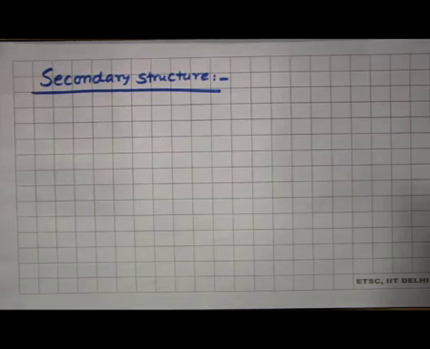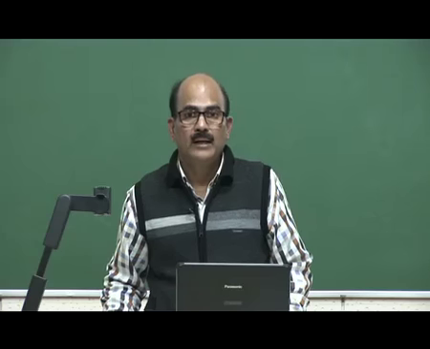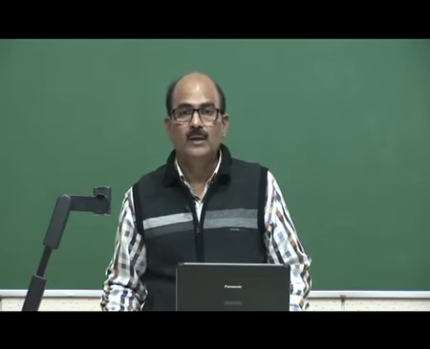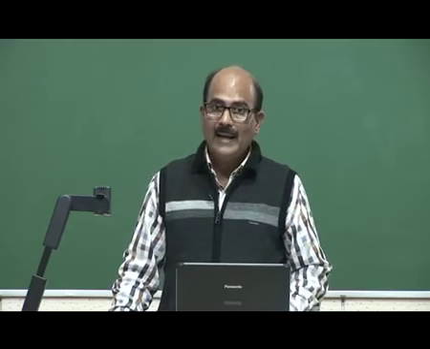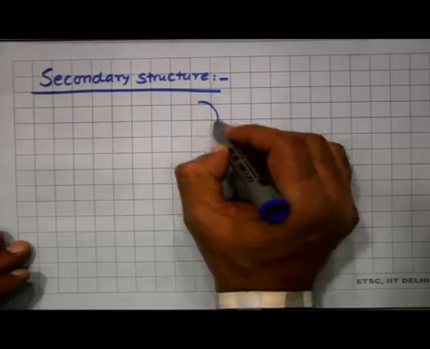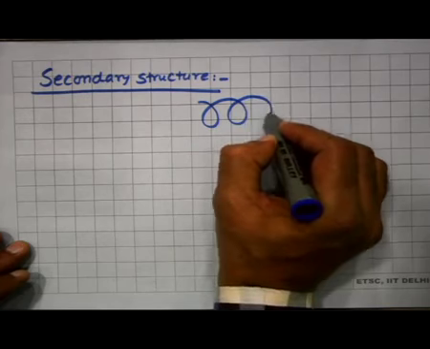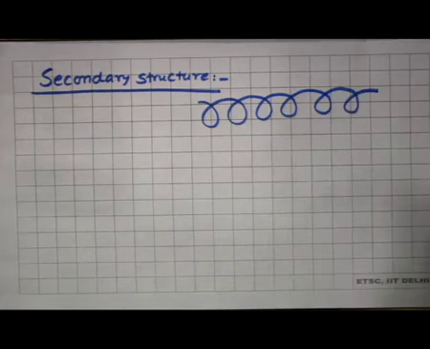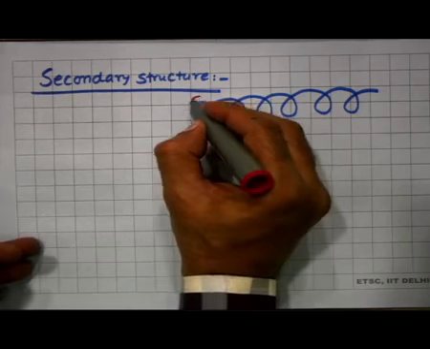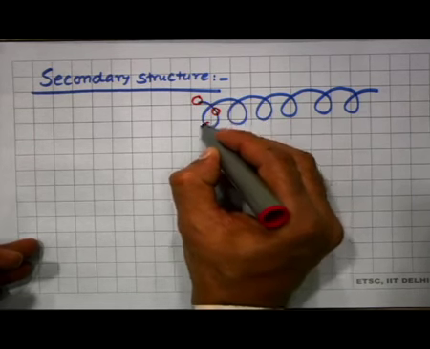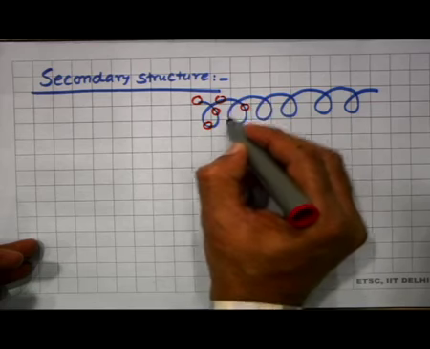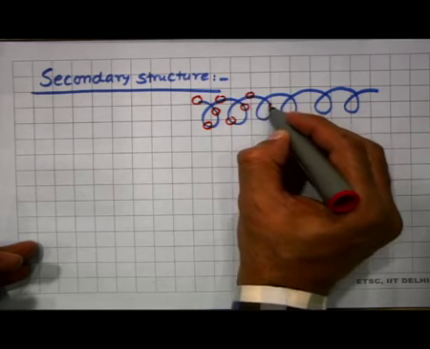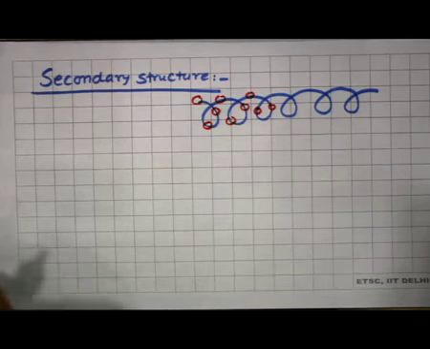When the amino acids are combined with peptide bonds, they form a coil-like structure, just like this. You may write here is one amino acid, here is one amino acid. This forms a coil-like structure, and in between them there are peptide bonds.